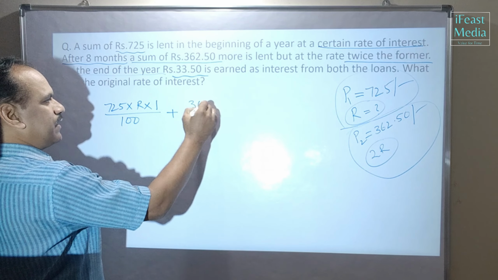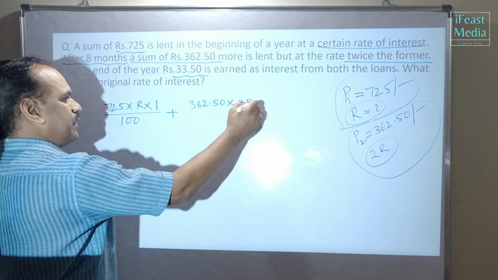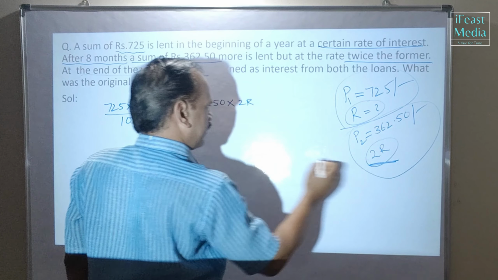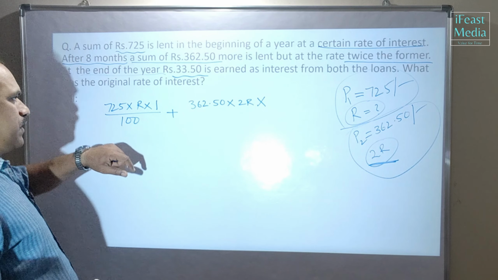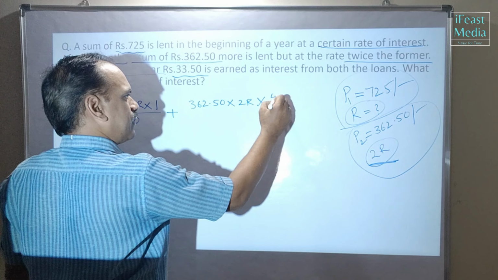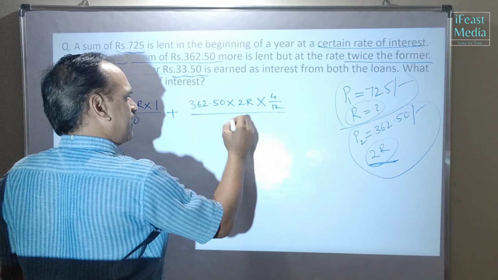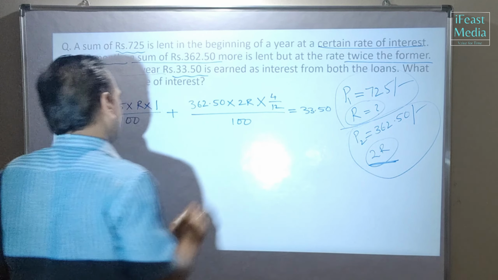So it is 362.5 rupees given at a rate of interest 2R for a time period of 4 months. But you have to represent 4 months in years. 4 by 12 years, by 100. The total interest is 33.50.